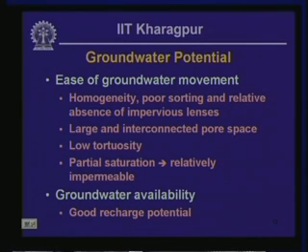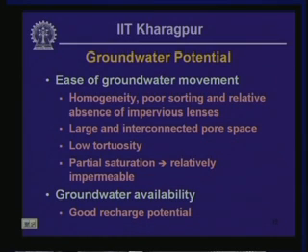Then before we look at the artesian groundwater flow, we are going to look at it later on. We first consider how we get groundwater potential. So groundwater potential depends on how easy it is for groundwater to move through the underground formation. So it depends on the homogeneity of the subsurface formation which contains groundwater.